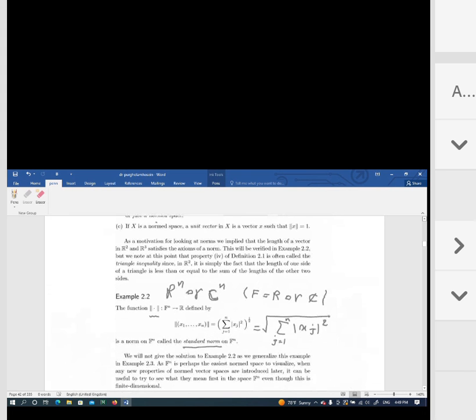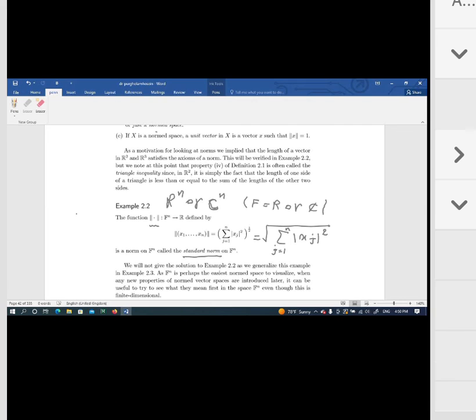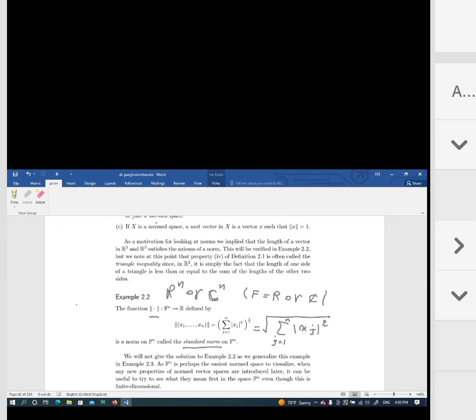I explain this example again. Let the function norm from F^n to R be defined by this: the norm of (x1, ..., xn) equals the sigma of the absolute value of xj to the power 2, all to the power 1 over 2.